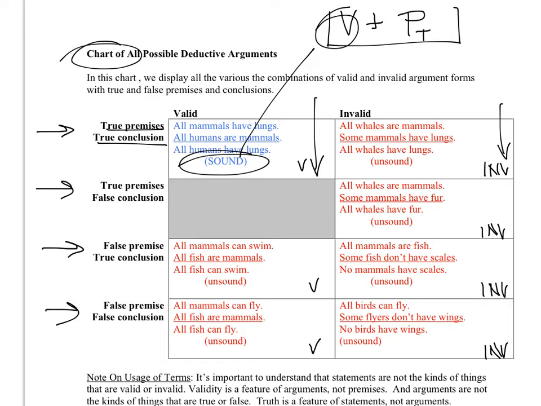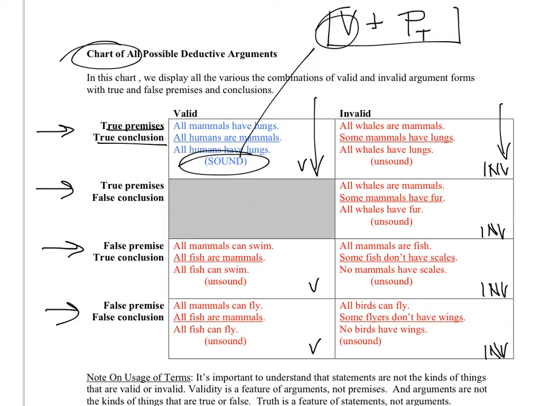Now, in a valid argument, as I explained in the previous lecture, the idea is that the premises contain the conclusion. So, if all the premises of a valid argument are true, then because the conclusion is contained in the premises, the conclusion is also going to be true.